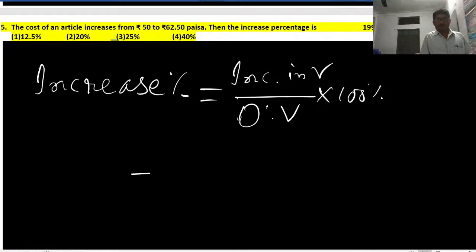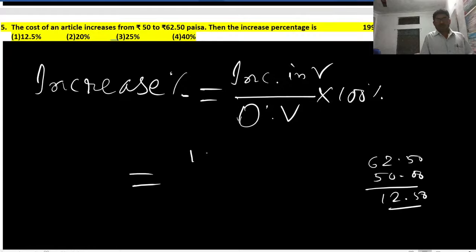How much is the increase from 50 to 62 rupees 50 paise? 62 rupees 50 paise minus 50 gives 12 rupees 50 paise.